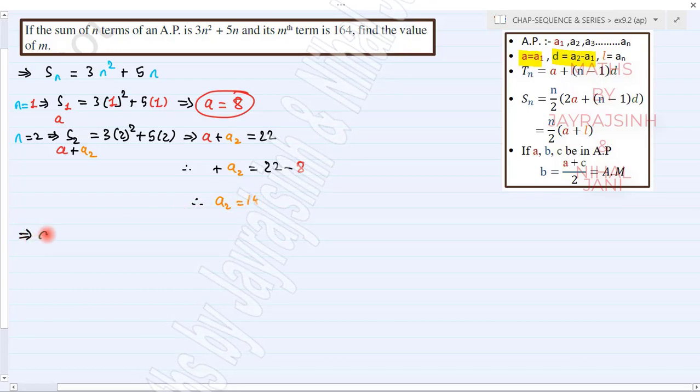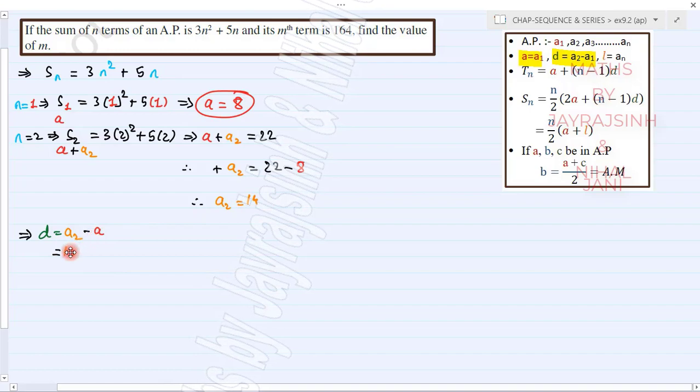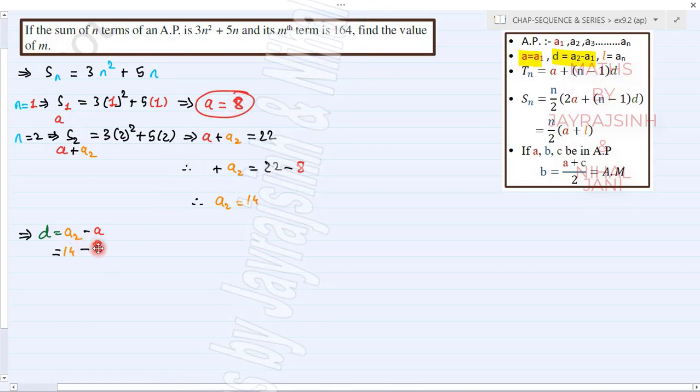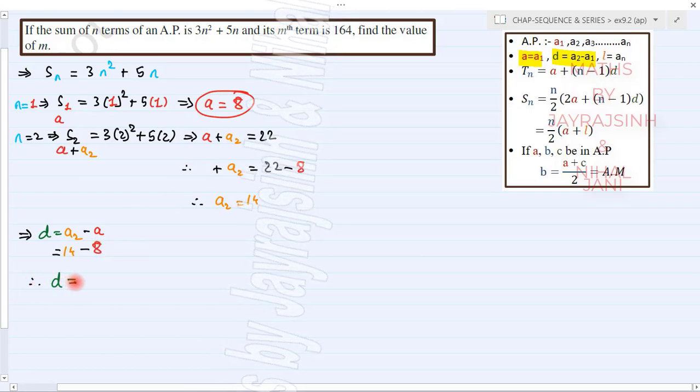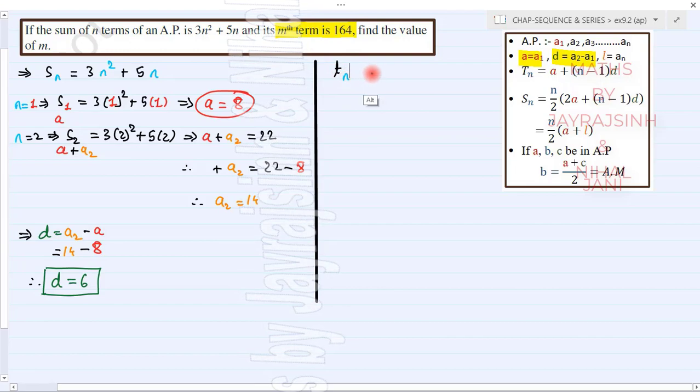So here we are ready for the common difference, which is second term minus first term, where your second term is 14 and first term is 8. So we will get common difference is equal to 6. Now it is given that your mth term is equal to 164.